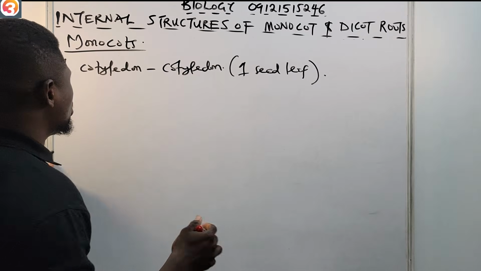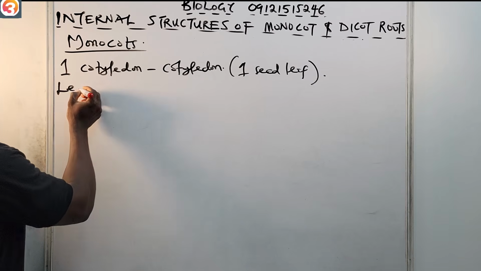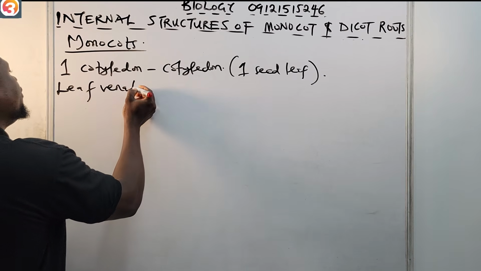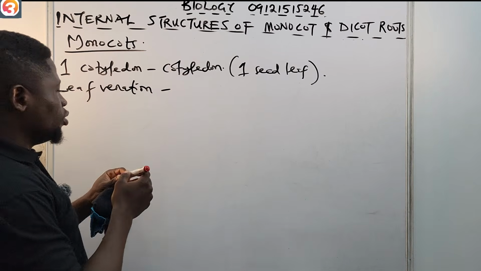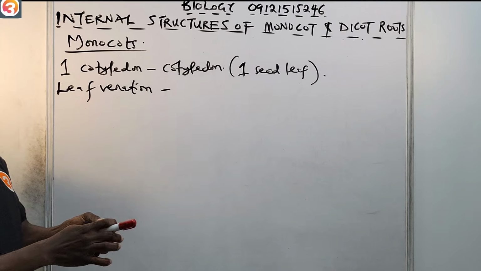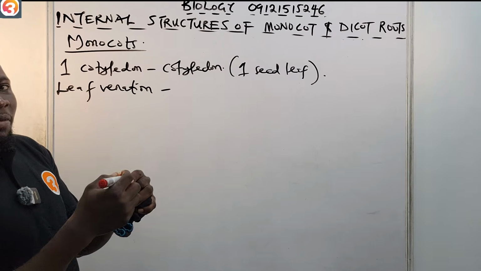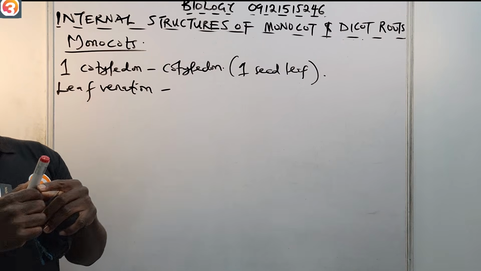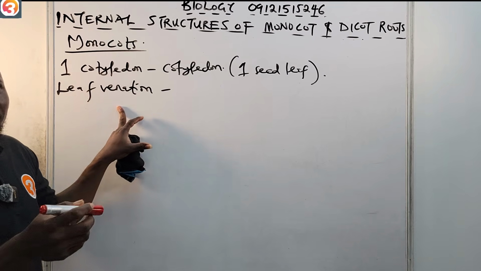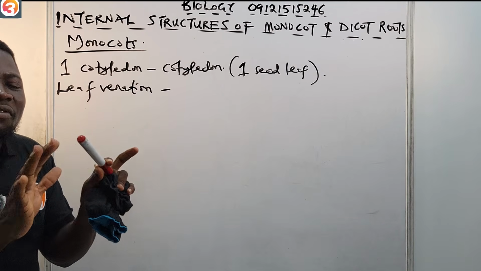Also, we classify them in terms of leaf venation. If you look at the leaf of a monocot, there is a way that the veins are arranged. Monocots have what we call parallel leaf venation.